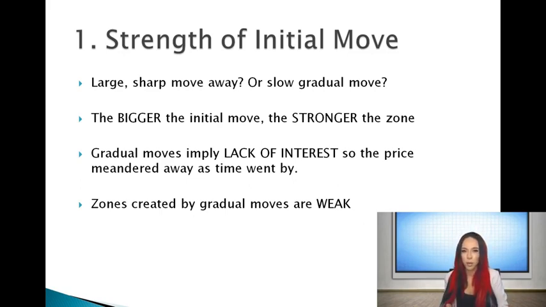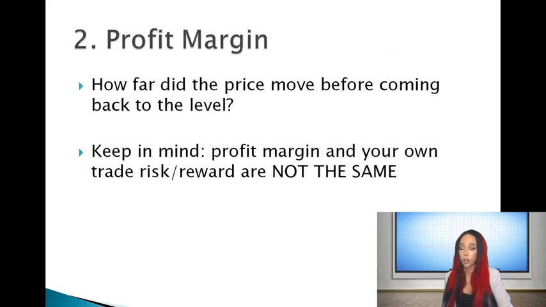So in effect, it's a failed move away. Ideally, you're looking for, at the very least, 2 candles away from the consolidation. Moving on to the profit margin: how far away did the price move before coming back to it?